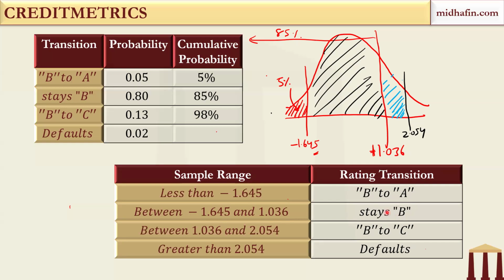It will stay at B only. Then again, between these two, you will assume that the transition has happened from B to C, and greater than 2.054, you will assume that there has been a default. So this is the idea behind CreditMetrics.